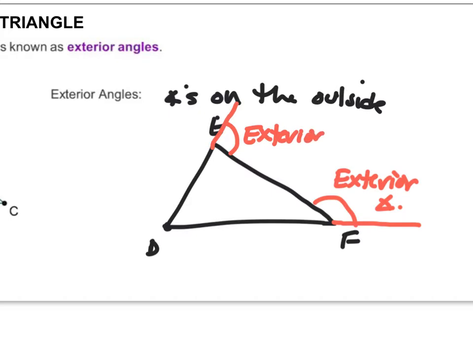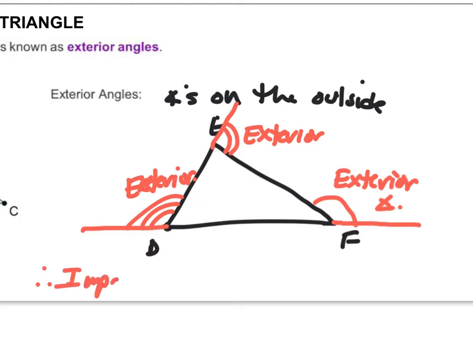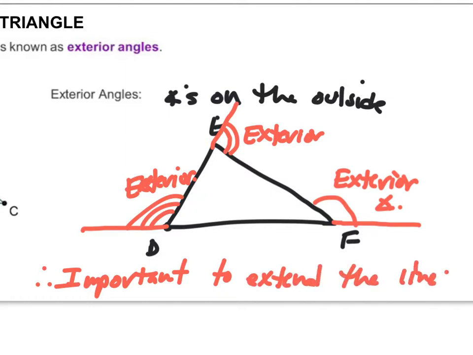I'm not saying that these are congruent, just that these are exterior. And if I extend out a line here, continuing this line, then this would be an exterior angle as well. They're on the outside, but you have to extend out the lines first. So it's very important, es muy importante, to extend the lines out to get exterior angles.